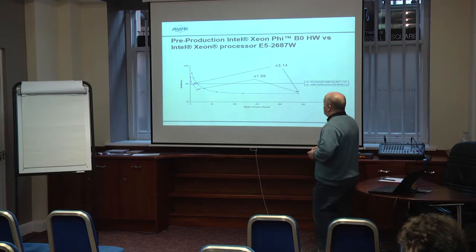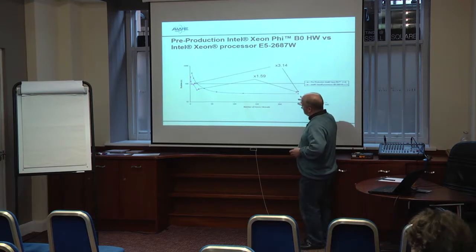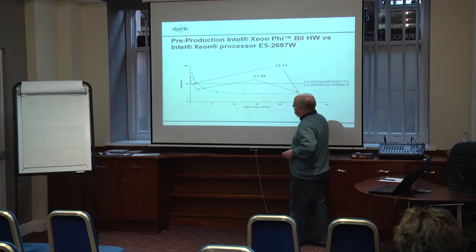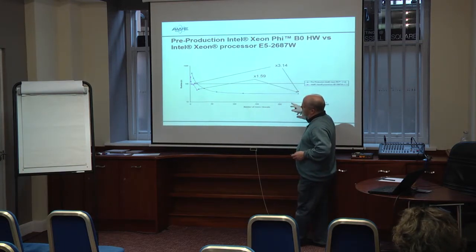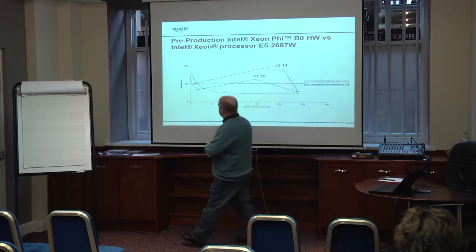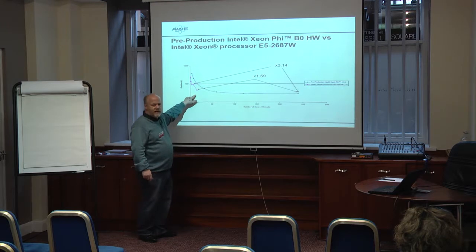Here's a graph showing how their speed up compared as they increase the number of cores and threads, and this is how the two platforms performed. This is the runtime, so obviously lower is better.